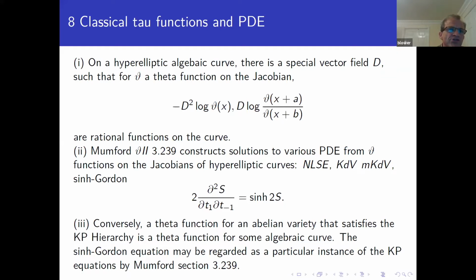Now, this result suggests strongly that the KP hierarchy is the natural kind of system of partial differential equations to look at in this context. There are many things one could consider, but this result suggests to me that the KP hierarchy is the first one should be considering.